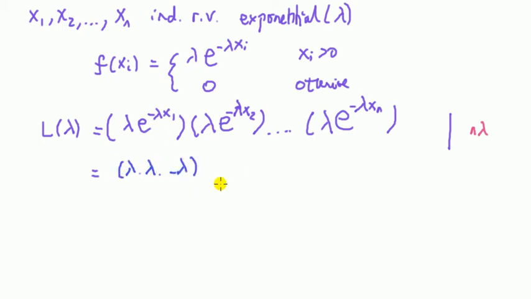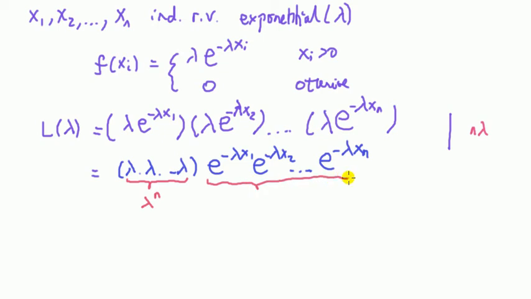It is lambda to the power of n. By the way, I'm doing this in great detail; you won't actually need to write every single line of this.